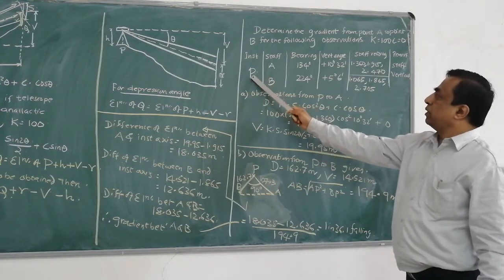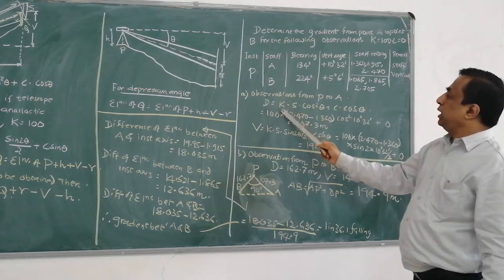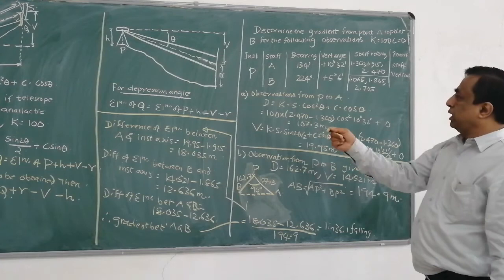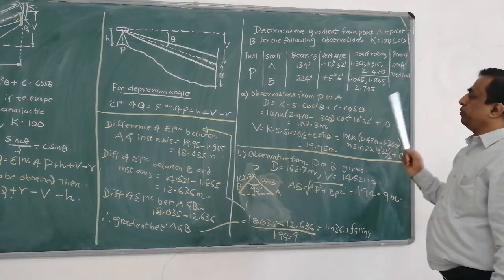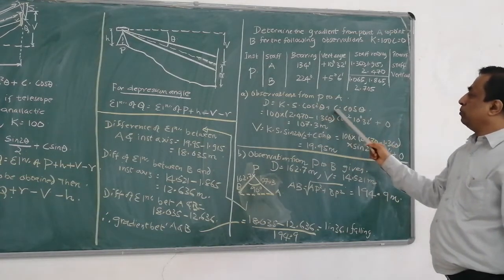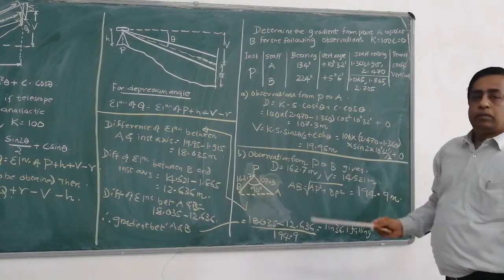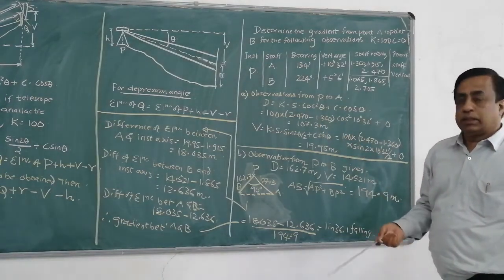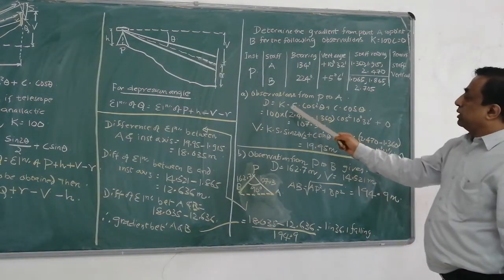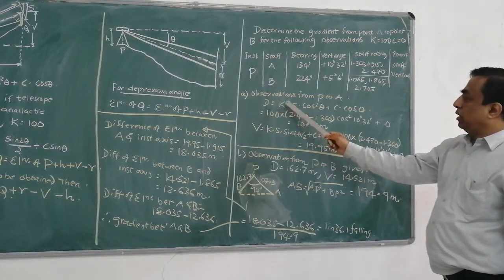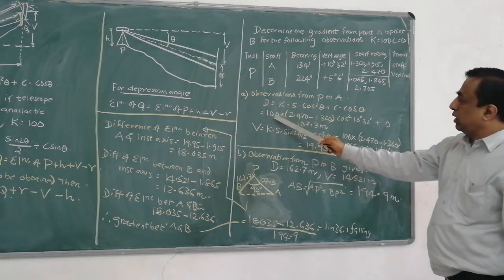D is the distance from P to A, that is K S cos square theta, the standard formula, plus C cos theta. This particular formula was derived in 3rd semester. K is the constant, which is 100, and S is the staff intercept.